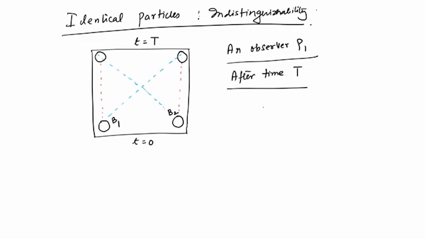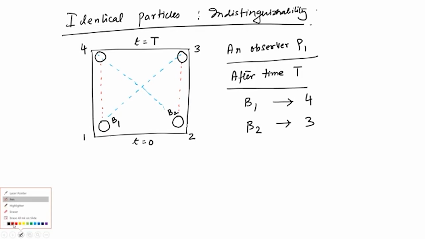He predicts that, let me write these edges as 1, 2, 3 and 4, after time t, B1 goes to 4. So, that is along the red trajectory, and B2 goes to 3. So, this is the red trajectory.